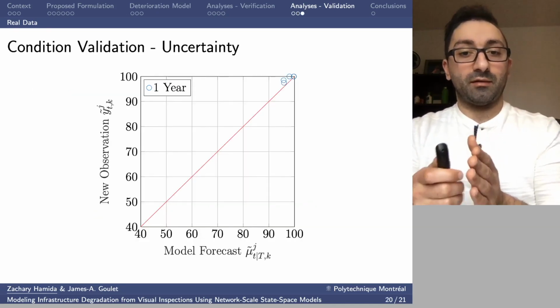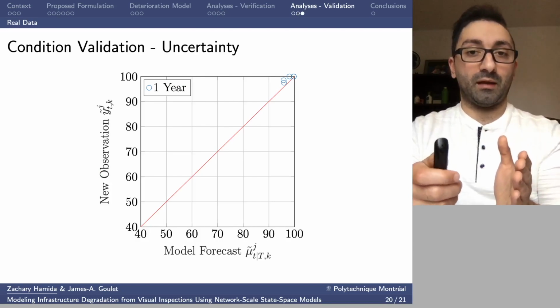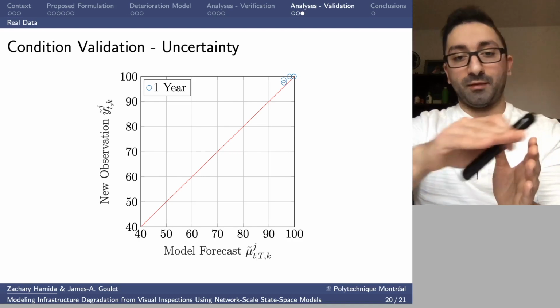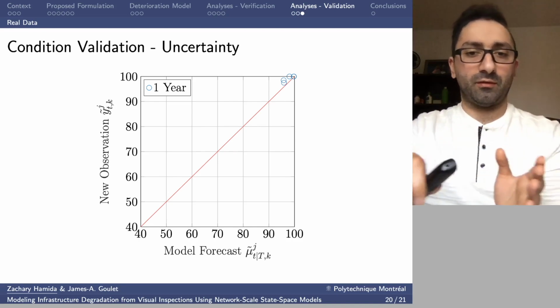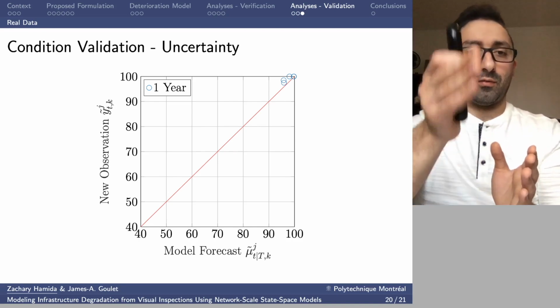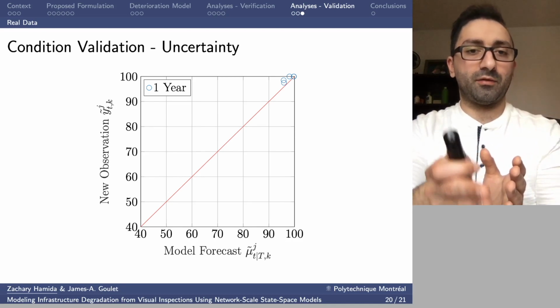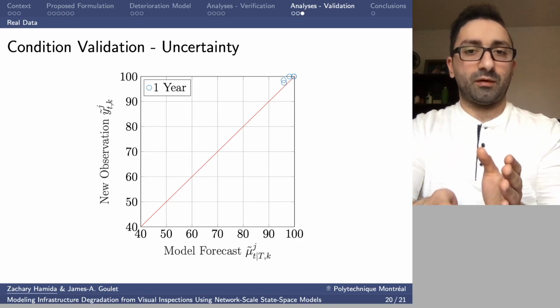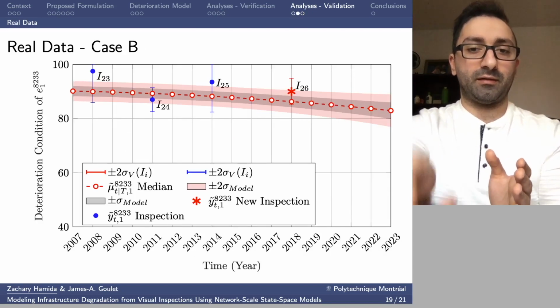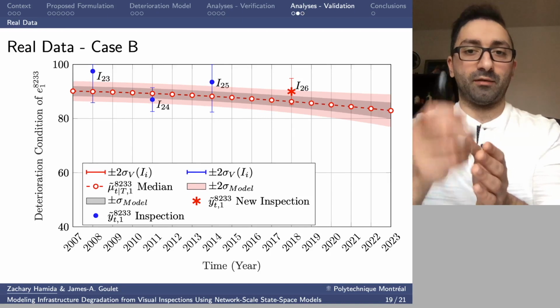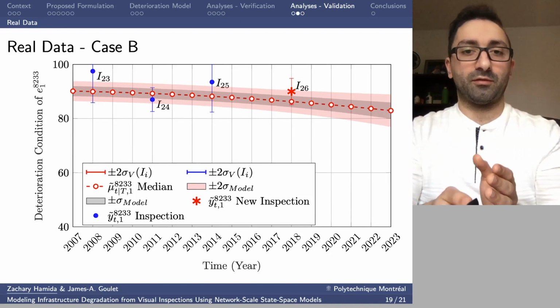So for 1 year we have very few cases, and as you'd see in this graph, on the x-axis is the model forecast, and on the y-axis we have the new observation. And this is really similar to what we are showing here, if we take the slice of 2018 and compare the forecast versus the observation.